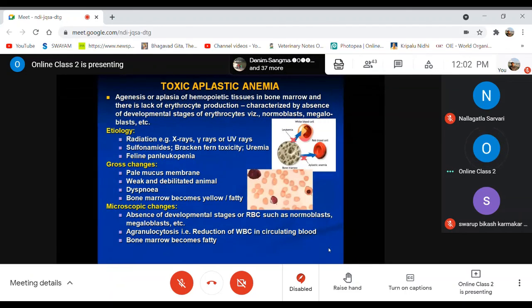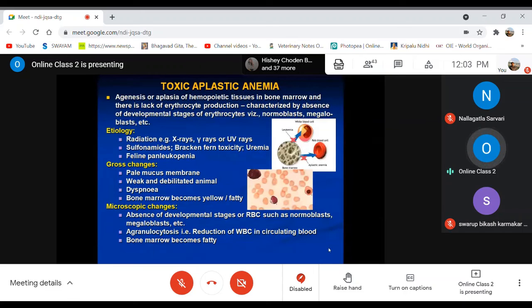When you examine the blood, there will be absence of developmental stages of RBCs, the normoblasts and megaloblasts, or there will be agranulocytosis, which means reduction of WBCs in the circulating blood. The bone marrow becomes very fatty.